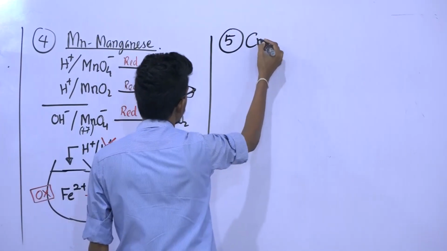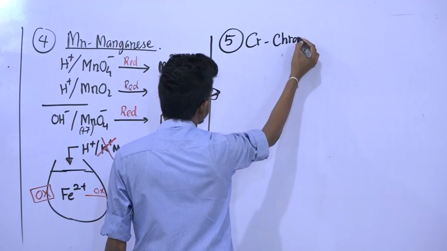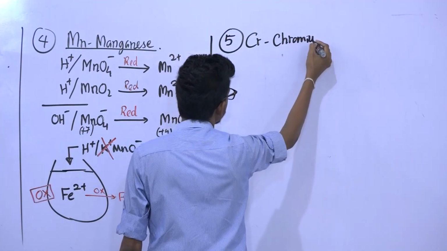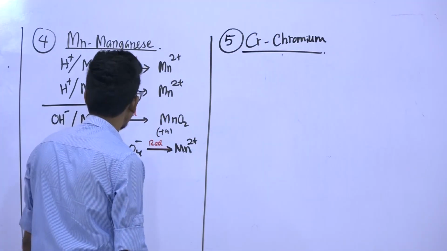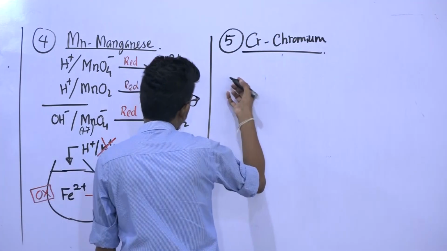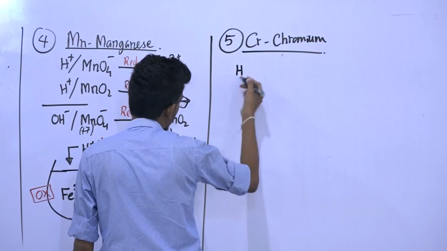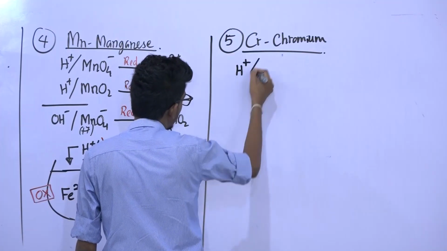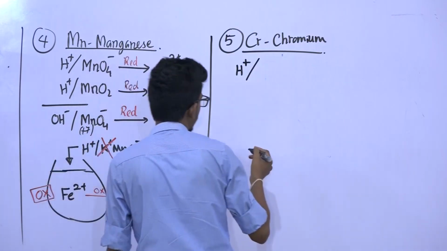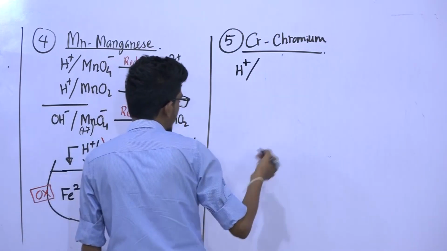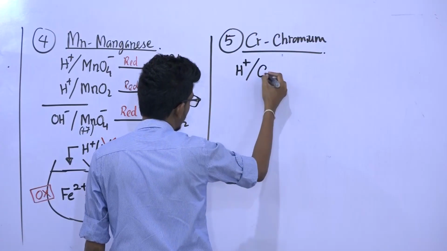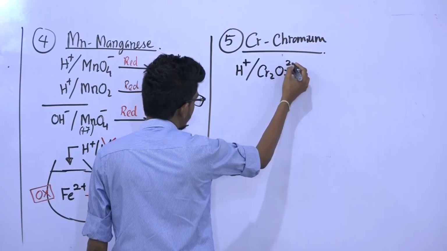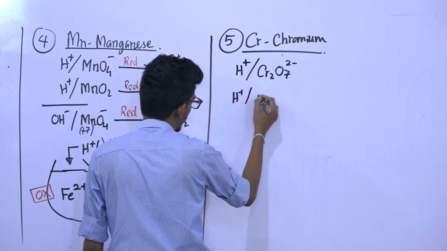Chromium containing redox reactions, right? So if you are to add the chromium containing compounds in acidic medium, they always reduce towards Cr3+. It could be dichromate ion, or it could be chromate ion in acidic medium.